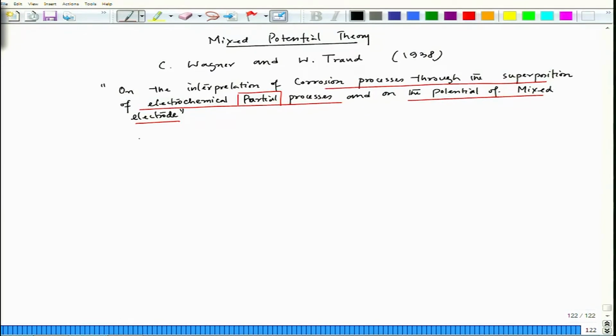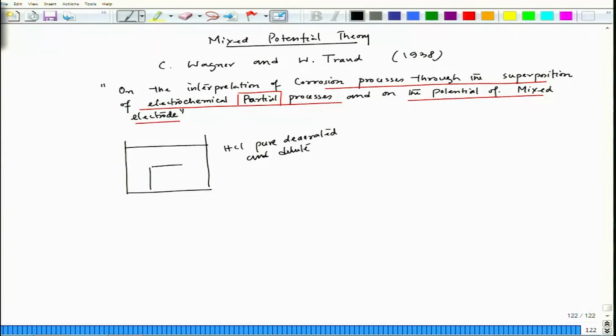Now, if I could get back to the corrosion of zinc in pure deaerated dilute HCl solution. This is a beaker where I have put HCl, which is a pure, deaerated and dilute solution.